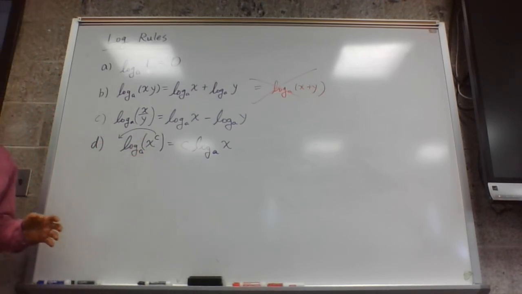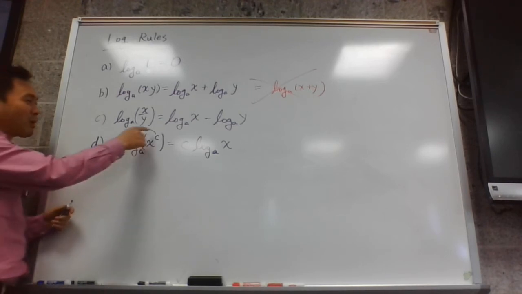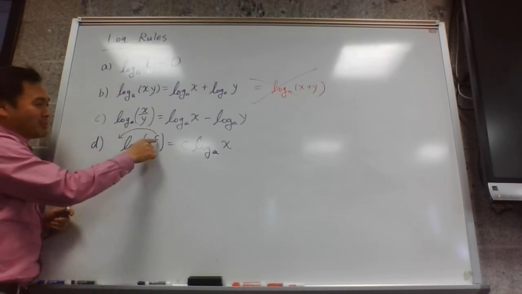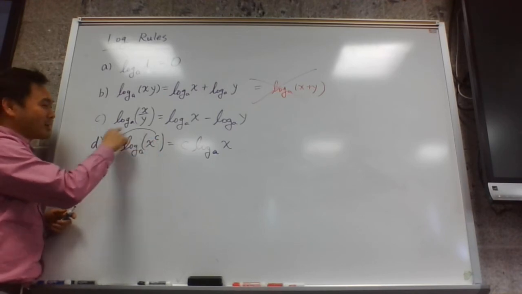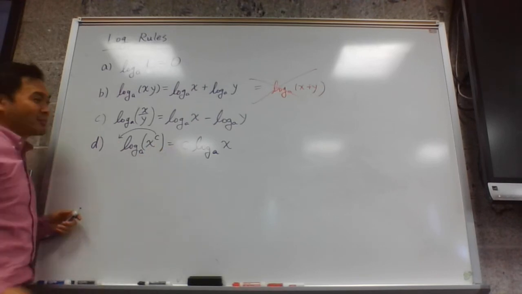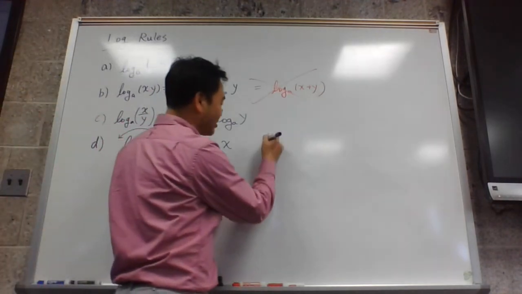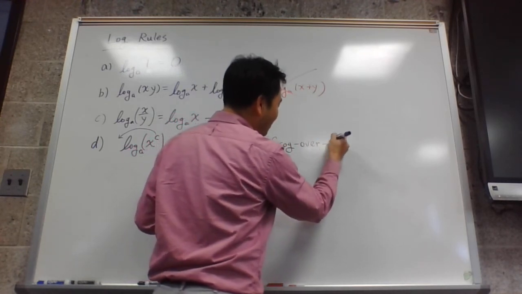So after that, I always introduce this rule as the frog over the log rule, because the exponent inside the log jumps like a frog so that it comes over here. That's what I call it. It's like frog over the log.